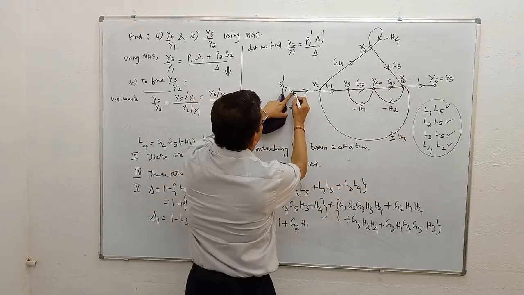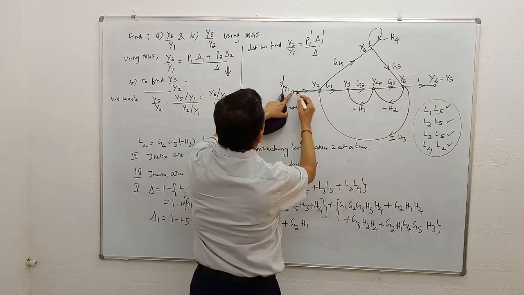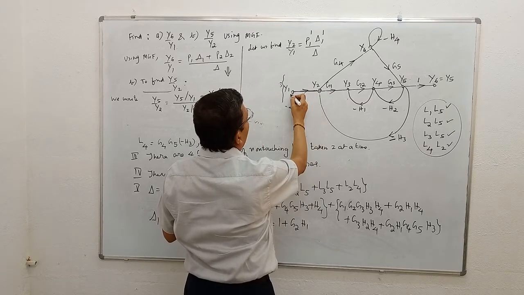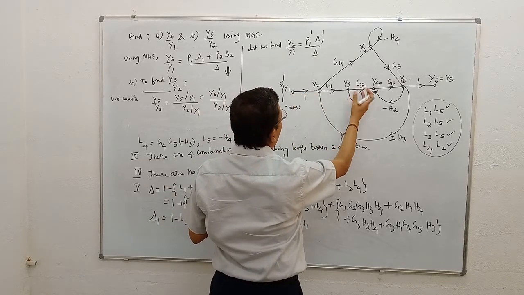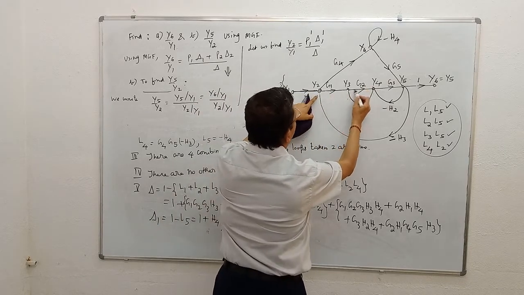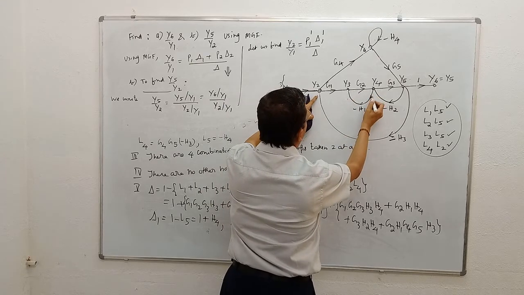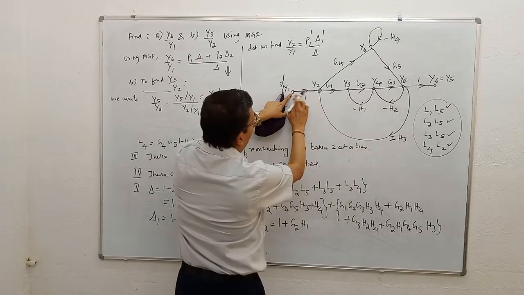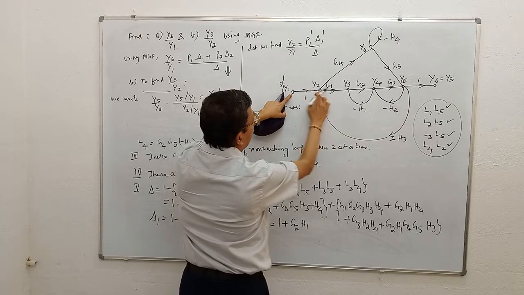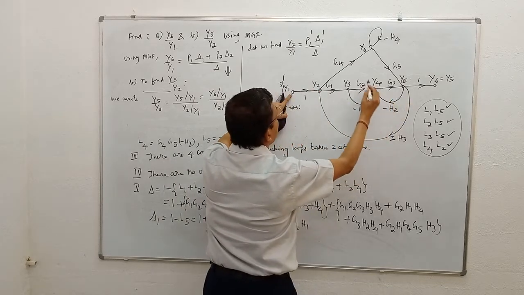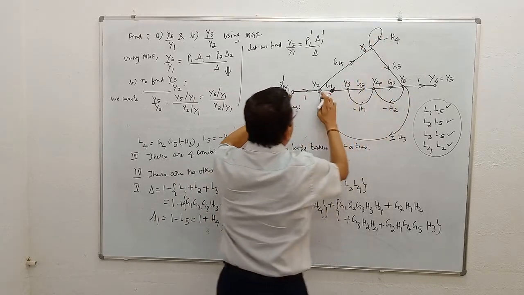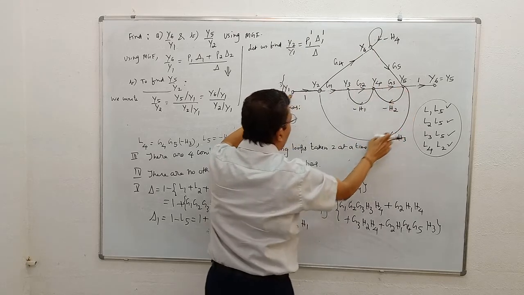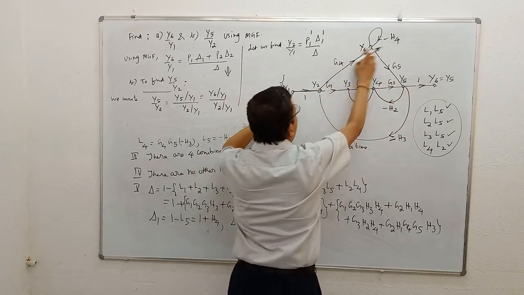You see, this is the forward path connecting y2 and y1. Which loops are non-touching? This loop is non-touching. That means L2 is not touching this forward path. L3 is not touching. L5 is not touching. This loop, which is L1, is touching. The bigger loop is touching.